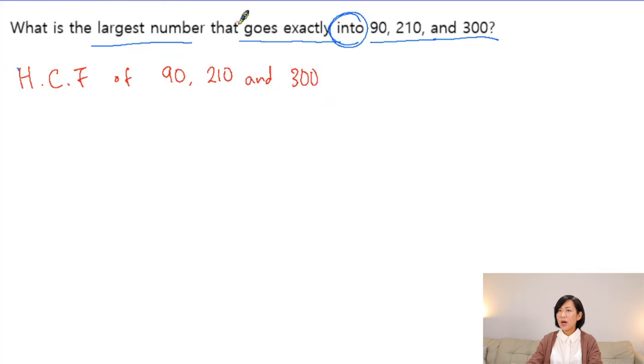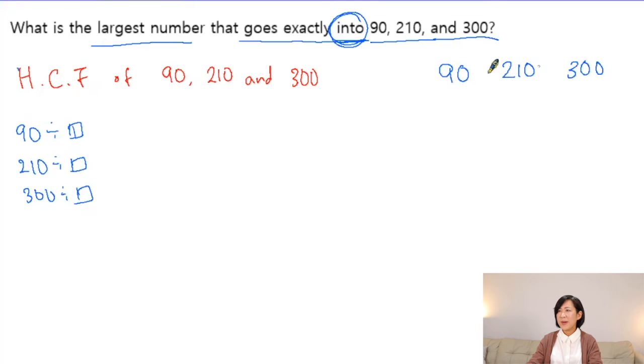If you don't understand why this is the HCF of the 3 numbers, read the question again. You are looking for the number that you divide into 90, divide into 210, divide into 300. Then these are the factors of the 3 numbers, right? That's why this is HCF.